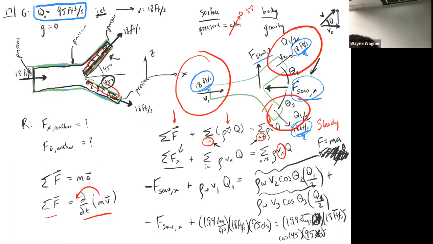So anyway, let's go ahead and solve this real quick. We've got a lot of similar terms here. 1.94 times 18 times cosine 45 times 95 equals, I'm just going to subtract it all out, minus 1.94 times 18 times 95.